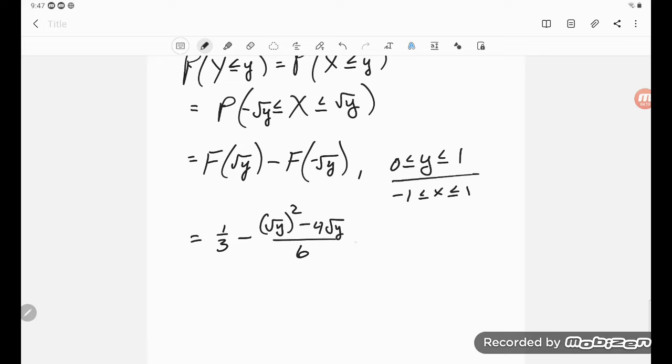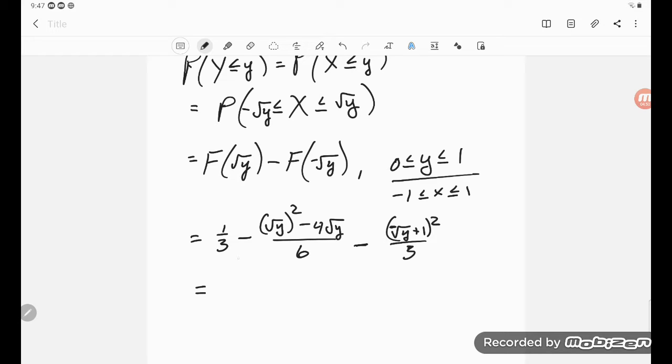Okay, so we get that for the positive square root, and then minus for the negative square root, we have the square root of y plus 1 squared over 3. Whoops, that should be a negative square root of y. Okay, so we have that.